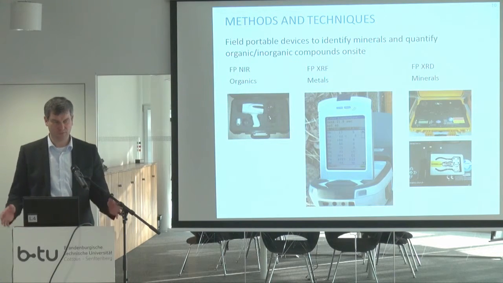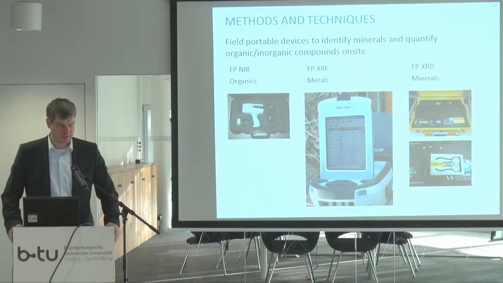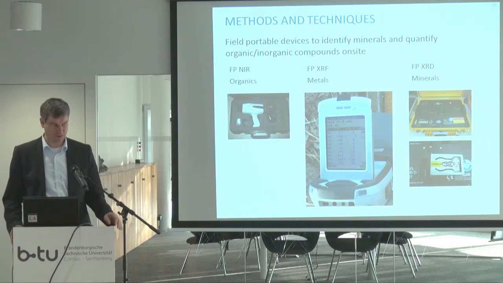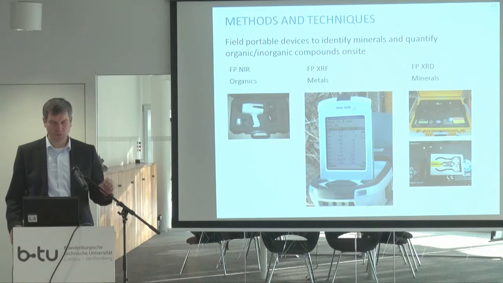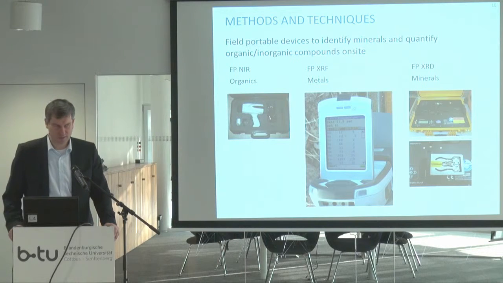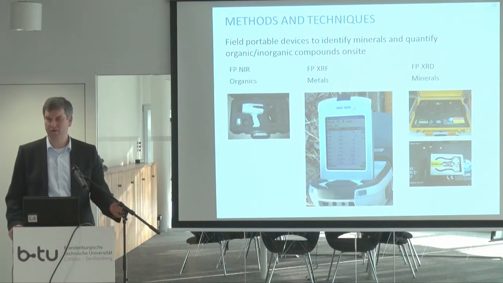Yeah, for example, we had a study where we identified a metal contamination, a lead contamination in an alluvial floodplain with amounts of 20,000 parts per million. So you can guess what is the upper limit which is allowed in Germany. So that's 1,200 parts per million lead.